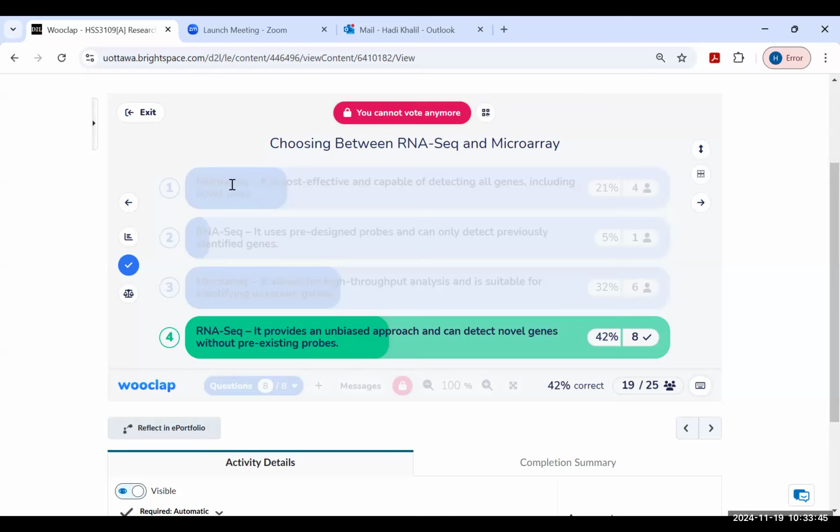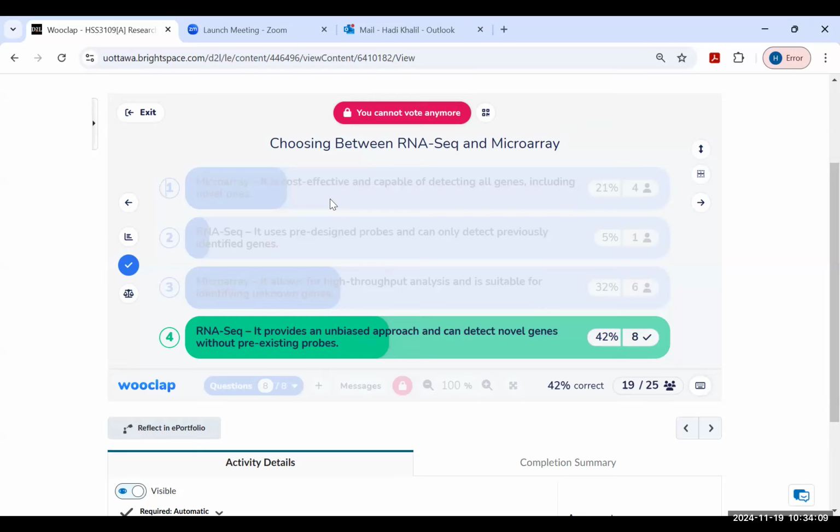Microarray is cost-effective and capable of detecting all genes, including novel ones. This is not correct, because in the microarray, you have to already know the probes you are hybridizing to that microarray. If we don't know the novel genes, how would we be able to detect them?